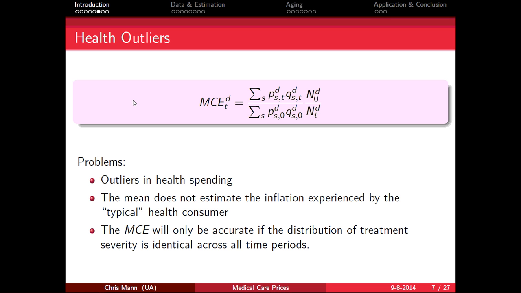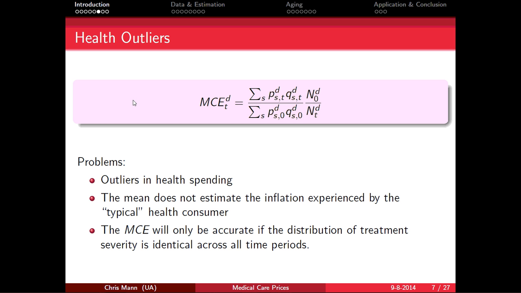And so when you calculate the MCE, these outliers would only be a problem if the inflation rate for high expenditure treatments is different from the inflation rate for low expenditure treatments. And the reality is that that is going to be the case, right?